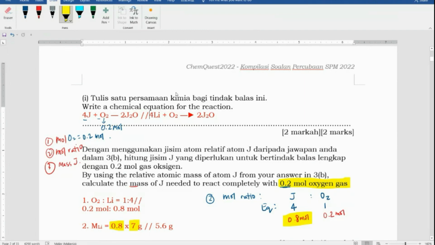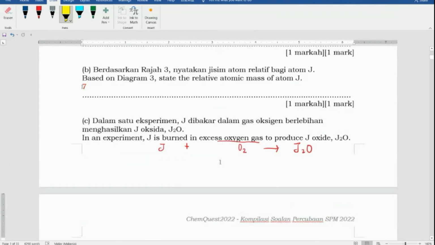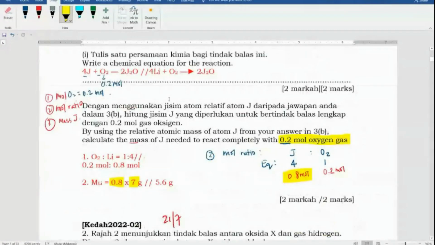So 7 comes from here, and you get 5.6 gram. At the end, you must write the unit. Okay, any question? Okay, follow.